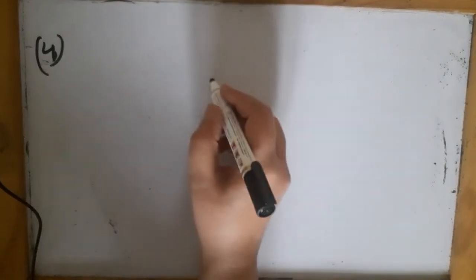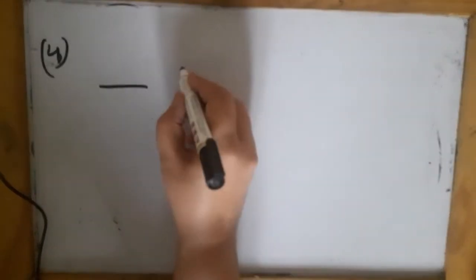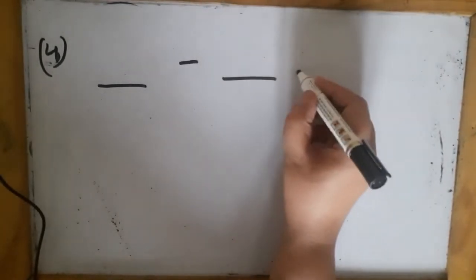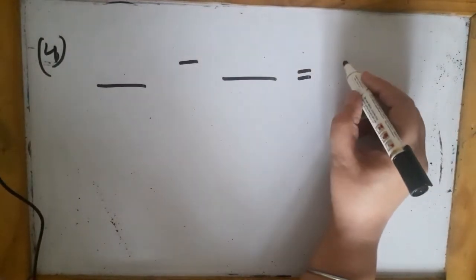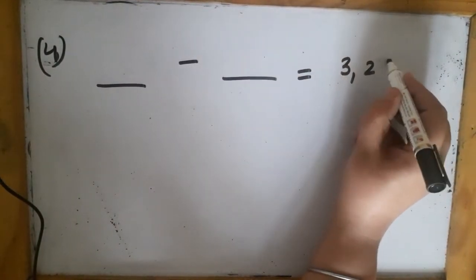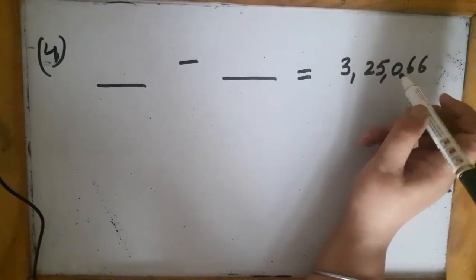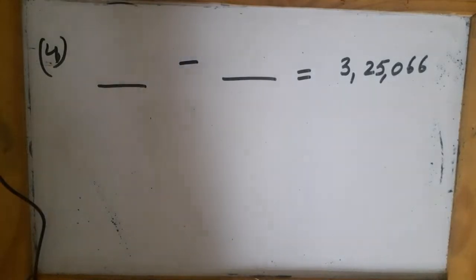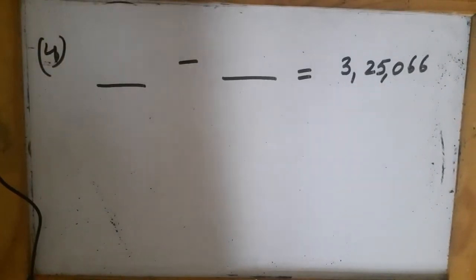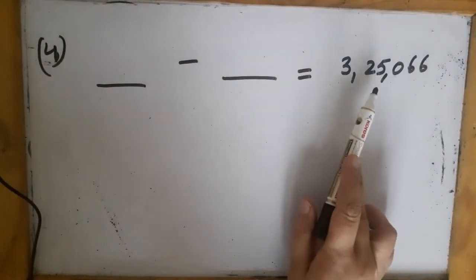Now in this question, they have given you the smaller number. So they are saying if I subtract two numbers, the difference is 325066. So what is difference?